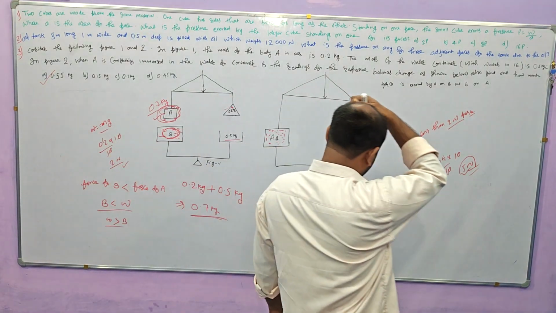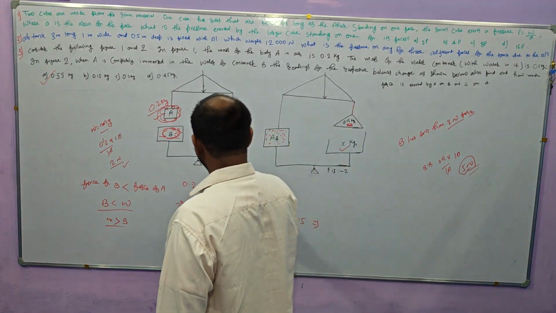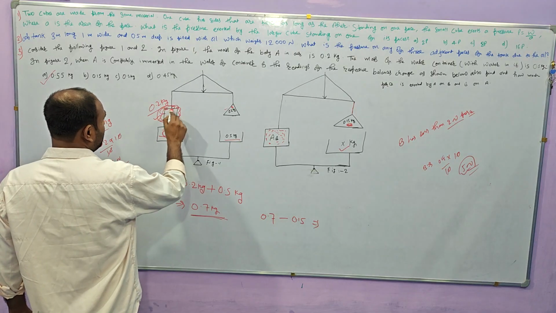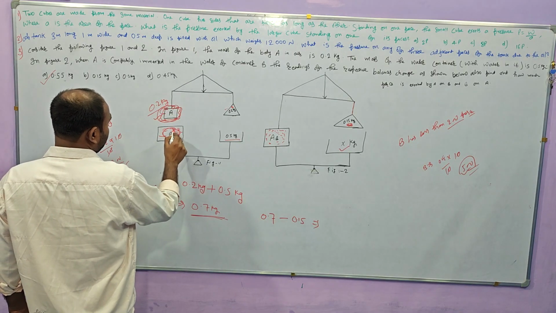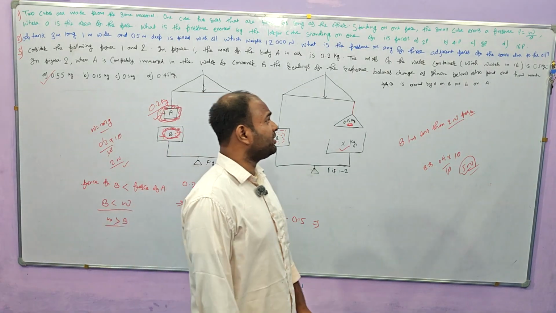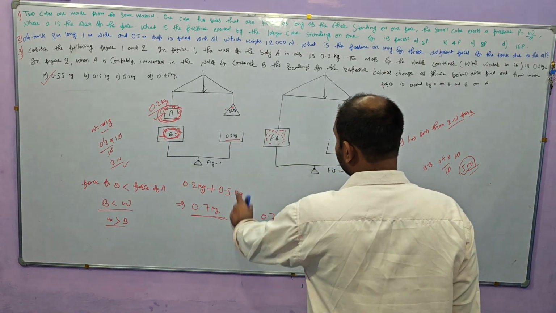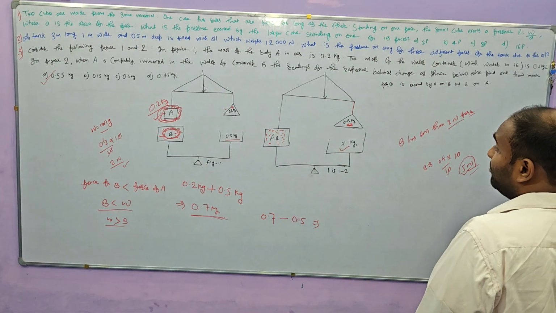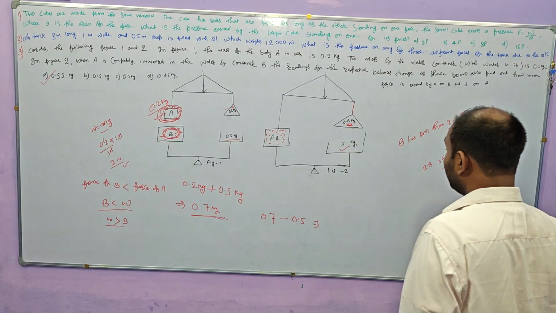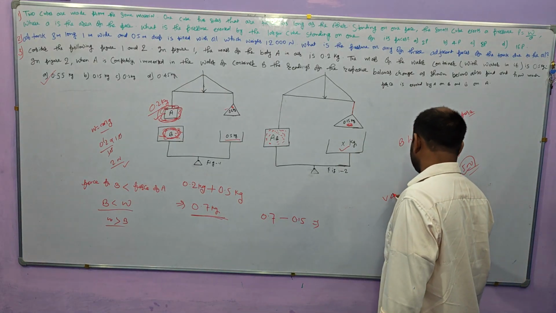In the previous question we already discussed this. So whatever volume of this is mandatory with the volume of this. To find out the force exerted by B on A, firstly we need to find out volume of A.